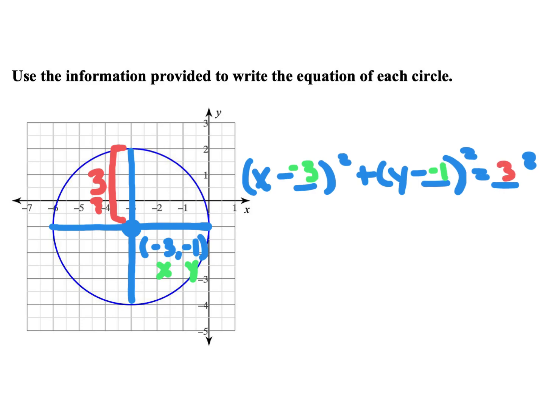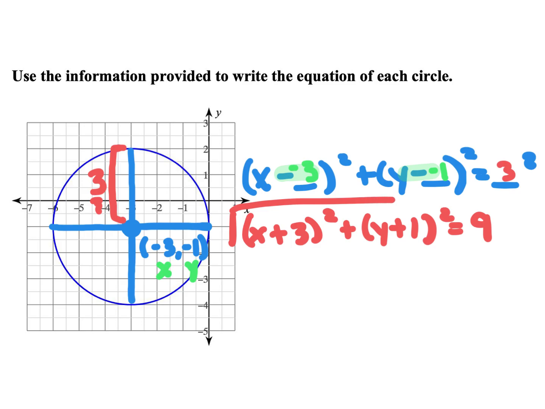And if I simplify, I know whenever I have minus and negative, it becomes plus. So I get x plus 3 squared, minus -1 becomes y plus 1 squared, and then 3 squared is 9 as your final answer.